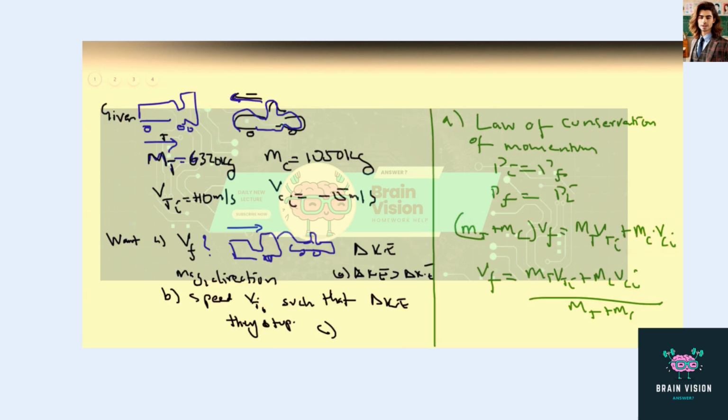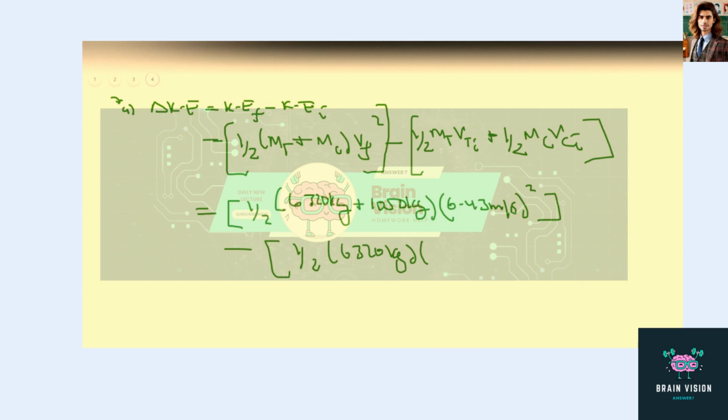Mass of the truck is 6,320 kilograms, and the initial velocity of the truck, you can see, was 10 meters per second. And you still have to square that because we're dealing with kinetic energy in this case.